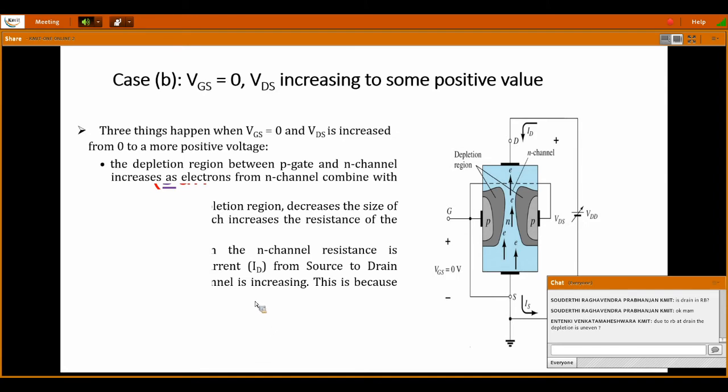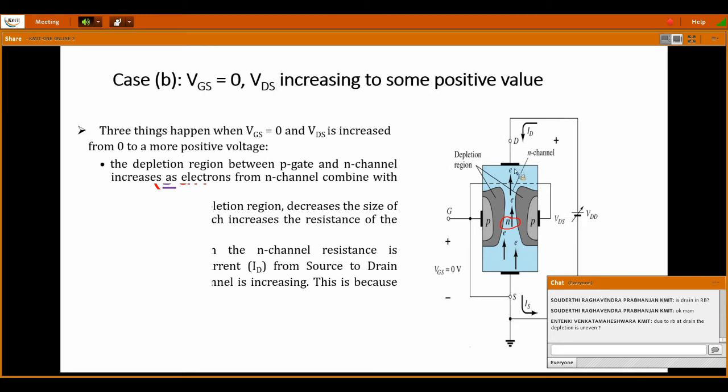See here, I'll explain once again, only 3 points. As VDS is increasing, since the drain is completely an N-type material, and N is connected to the positive terminal, the reverse bias near the drain is more.